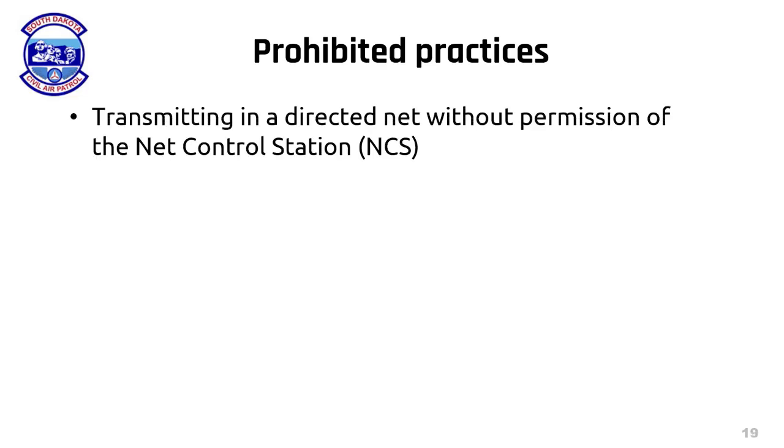A few more: transmitting in a directed net without permission of the net control station. You're a ground team and you need to talk to another ground team. Touch base with the net control station first so that they know what you're doing, and they say, no, there's not anything else going on the channel. You're free to do that or to move to another channel.